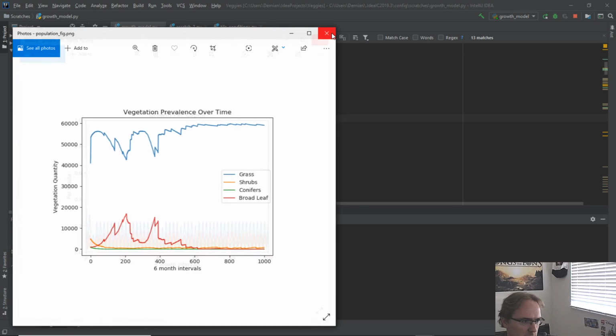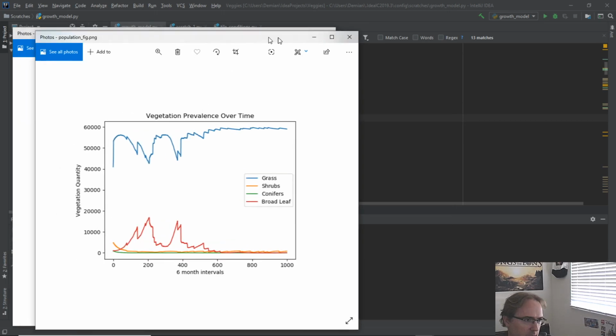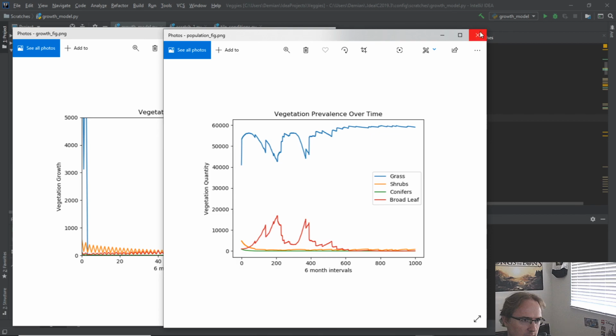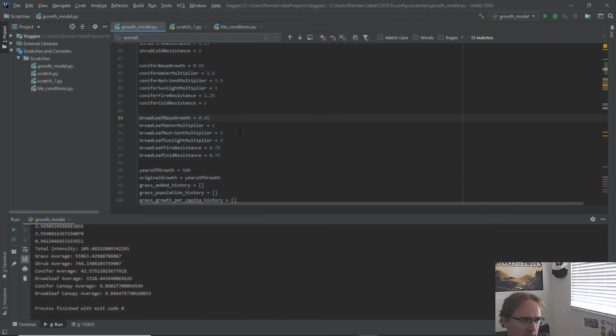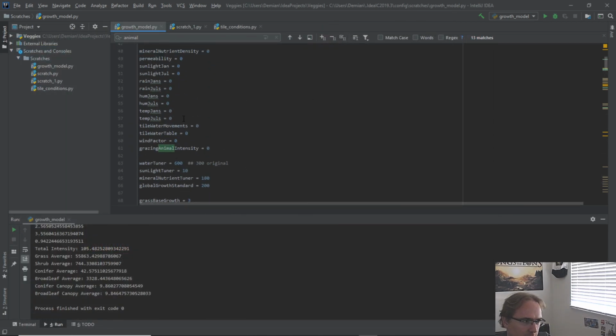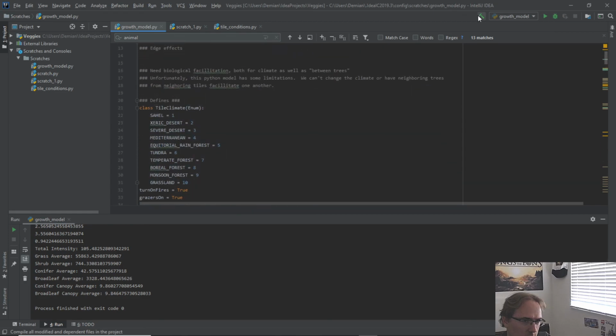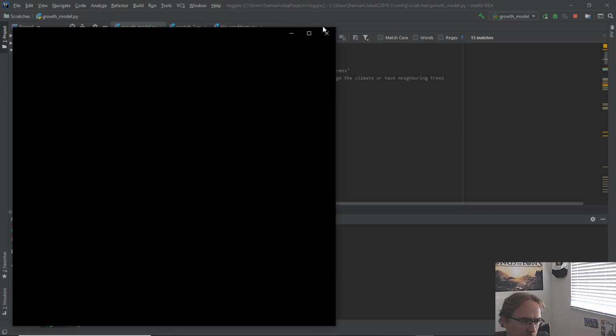Maybe let's run this for longer and see what we get. And occasionally you have some weird stuff like this. What will be interesting is if we... So let's do this. Let's run it, and then we'll turn the animal grazing off.